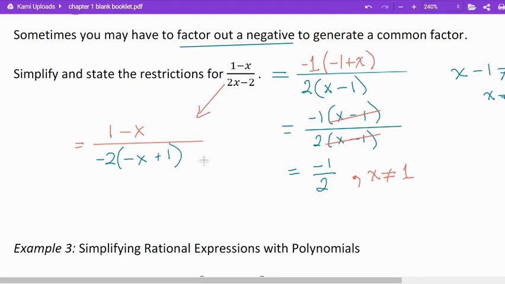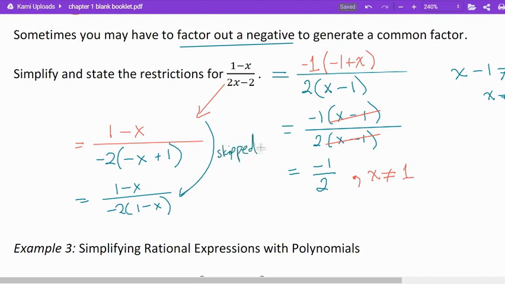Do you see that? And you don't have to write it this way. You can swap the order right away. I would know what you're doing if you skipped this step and went straight to 1 minus x over negative 2 times 1 minus x. Right?